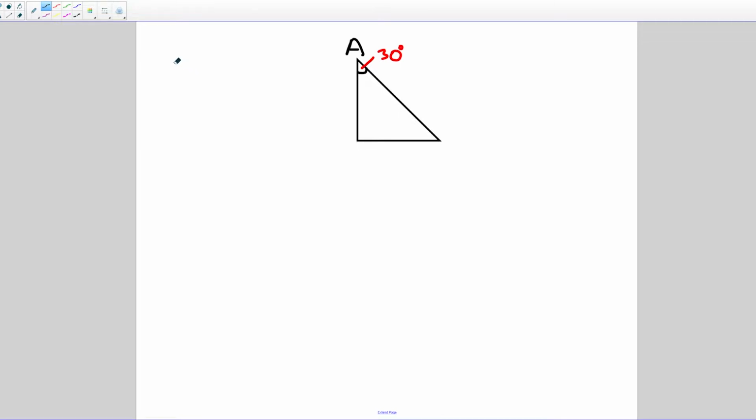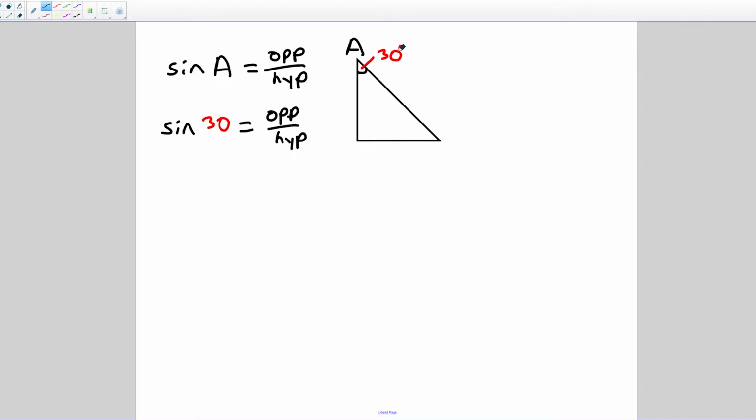Let's start off with the sine ratio as an example. Let's say I have the sine of angle A is equal to opposite over hypotenuse. And in this case, I'm going to claim that this angle is 30 degrees. So instead of having angle A, I'm going to have the angle of 30 degrees there. And that's still equal to opposite over hypotenuse.